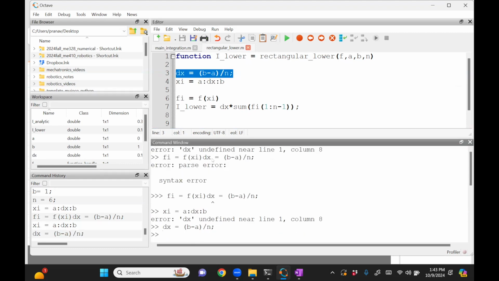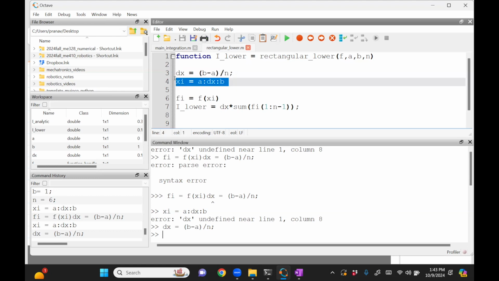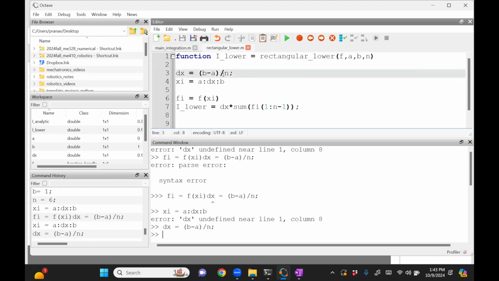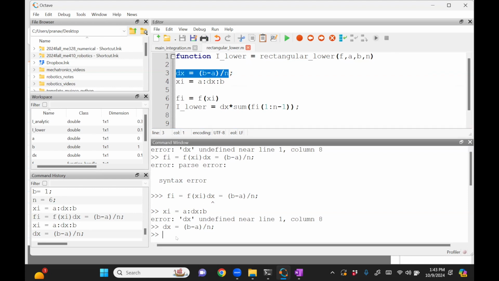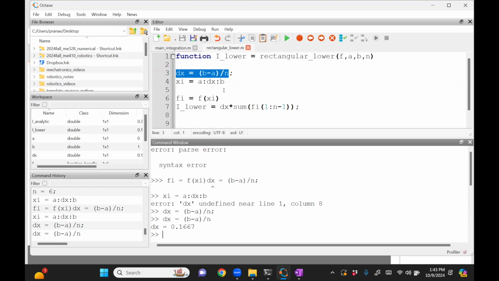Let's debug the issue here. So, wait, dx not defined. Okay, dx is fine now.